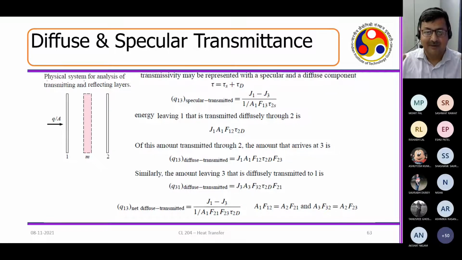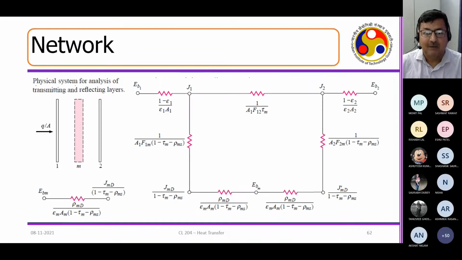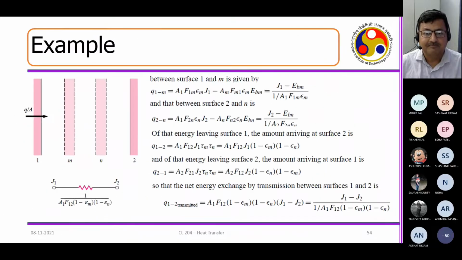And we have done many problems where we have seen that it is the wavelength of the light and the material that decide whether the electromagnetic radiation is going to be reflected or transmitted.